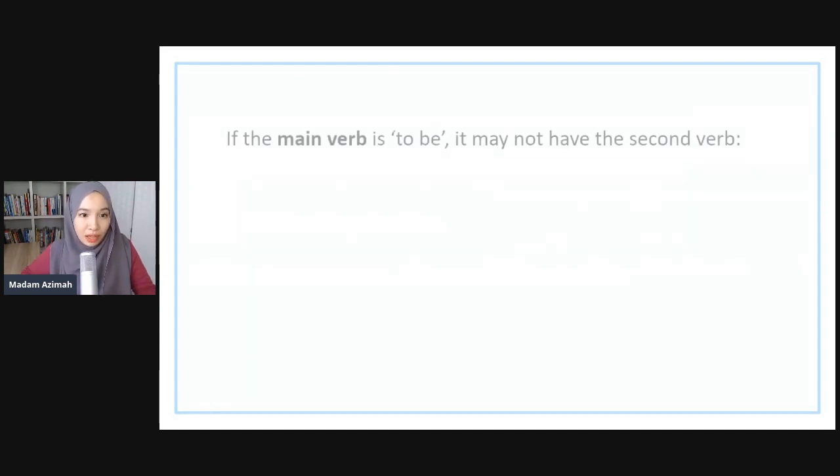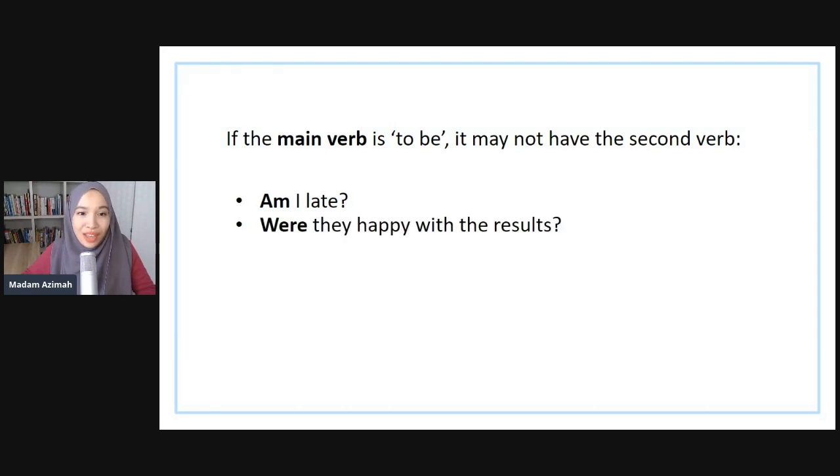Now what happens if the main verb is to be? It may not have a second verb. If the main verb itself is a to be verb, which are is, are, was, and were, it acts as the main verb. It doesn't need to have a second verb. Let's look at some examples. Am I late? So you don't say, am I is late. Were they happy with the result?